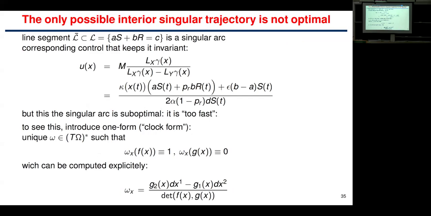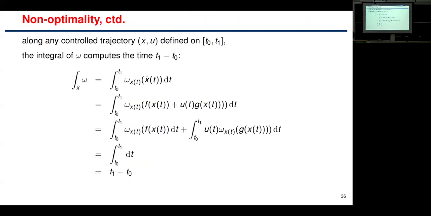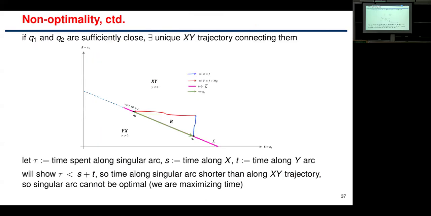cannot be optimal by introducing a one form, which is sort of dual, which is equal to 1 on the uncontrolled vector field and equal to 0 on the control vector field. And I should compute that one form explicitly. You can show that along any trajectory, the integral of that one form is just the difference between the initial and the final time.